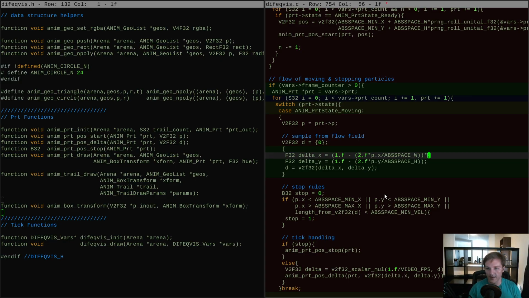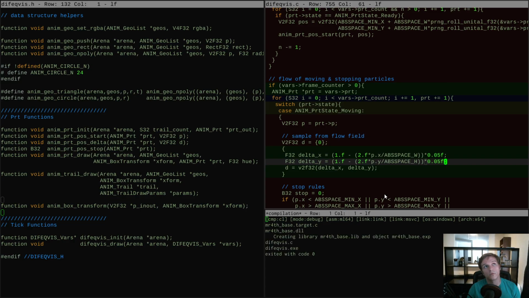If we slow it down, say it's moving at the far edge, let's have it moving at like 1/20th of a pixel at a time.